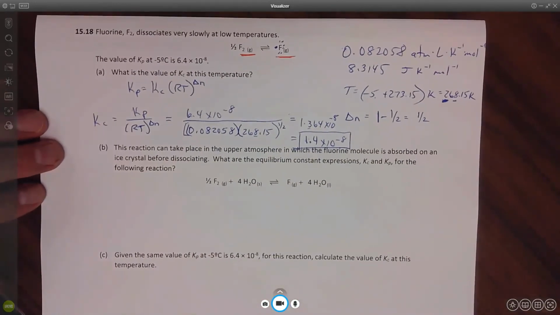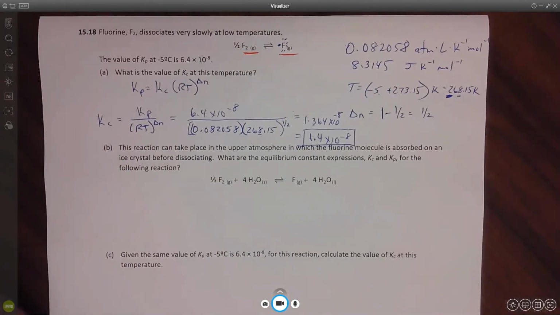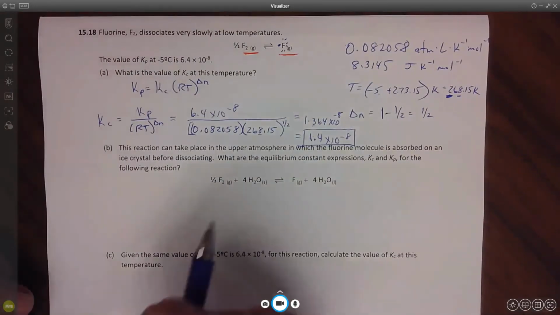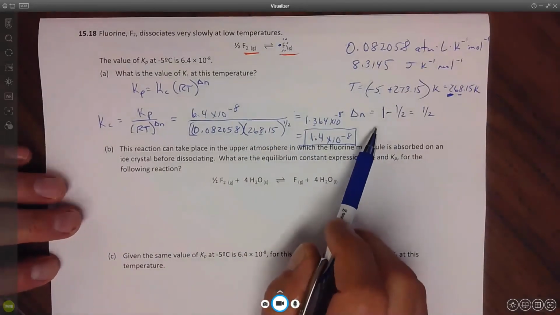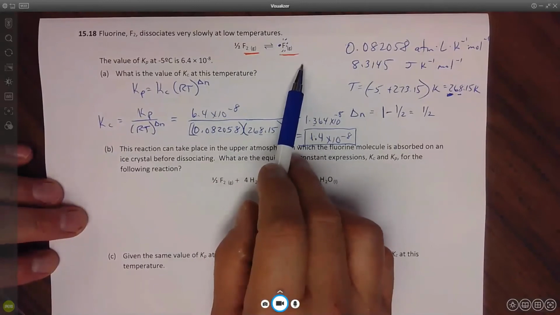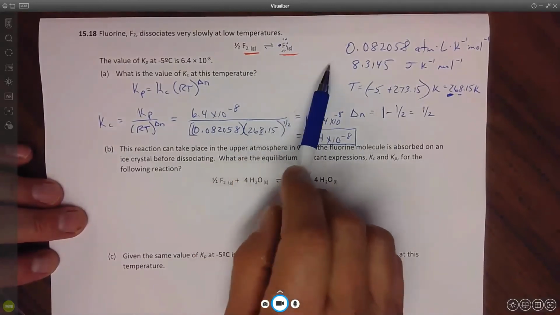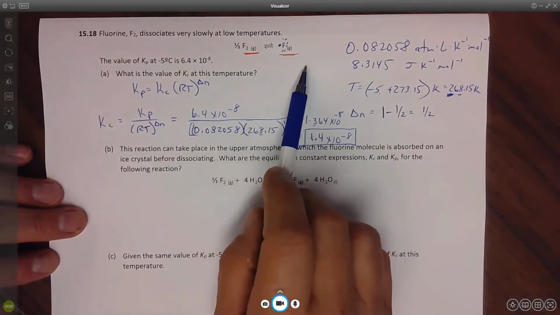Any questions on that guy? Do we always look at the coefficients as the go-to for del N? Yeah, right. Del N is literally the number of product gas molecules. So in this case, there is only one product, but if there was more than one product and they were both gases, you'd have to add up those coefficients.